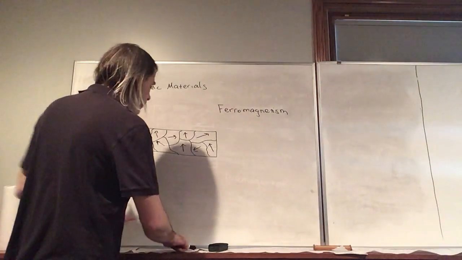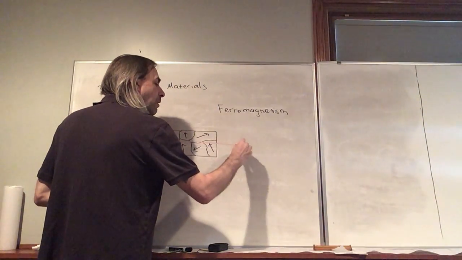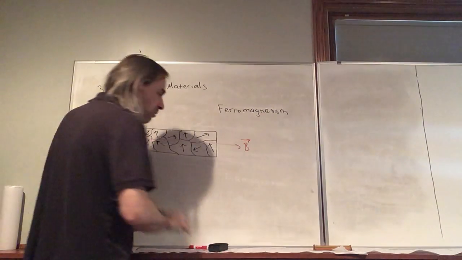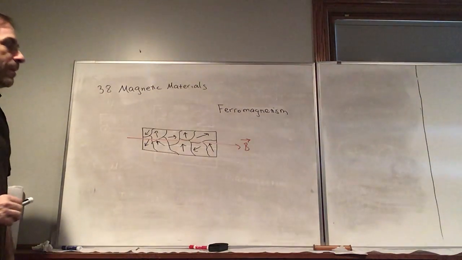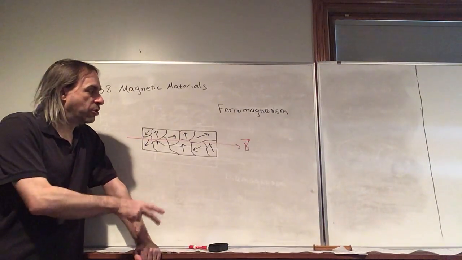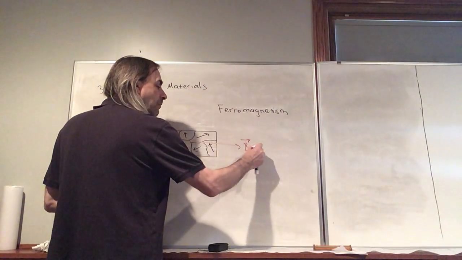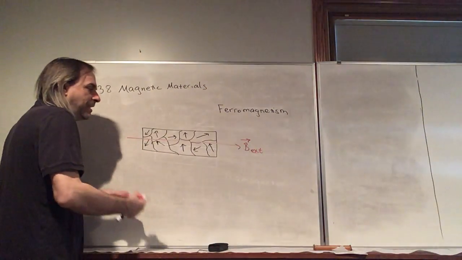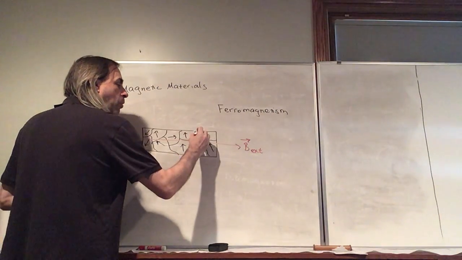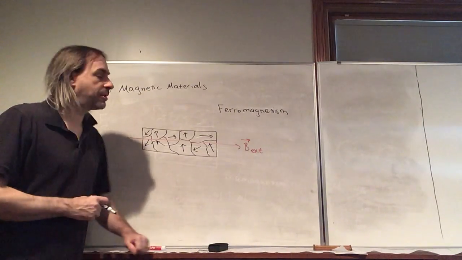But now what happens if we apply an external field? Let's say we apply a very weak external field. Nothing happens here. And then say we slowly increase this external magnetic field. At some point, a domain is going to suddenly flip, where they all work together and decide to flip over and line up with the external field.